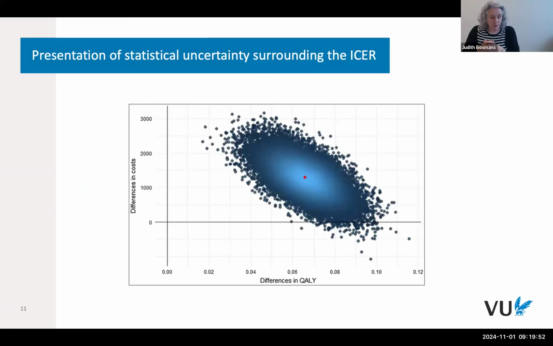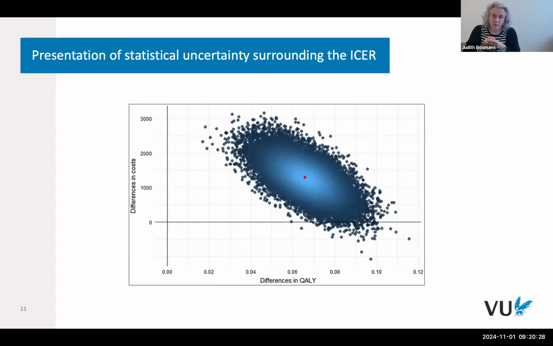And then you can present the statistical uncertainty using a cost effectiveness plane. So this is the cost effectiveness plane again, only we cut off the x-axis and the y-axis at 0. But what you see here is that there's a very strong correlation between costs and effects, because the shape of the cloud goes from the top left corner to the bottom right corner of the CE plane.